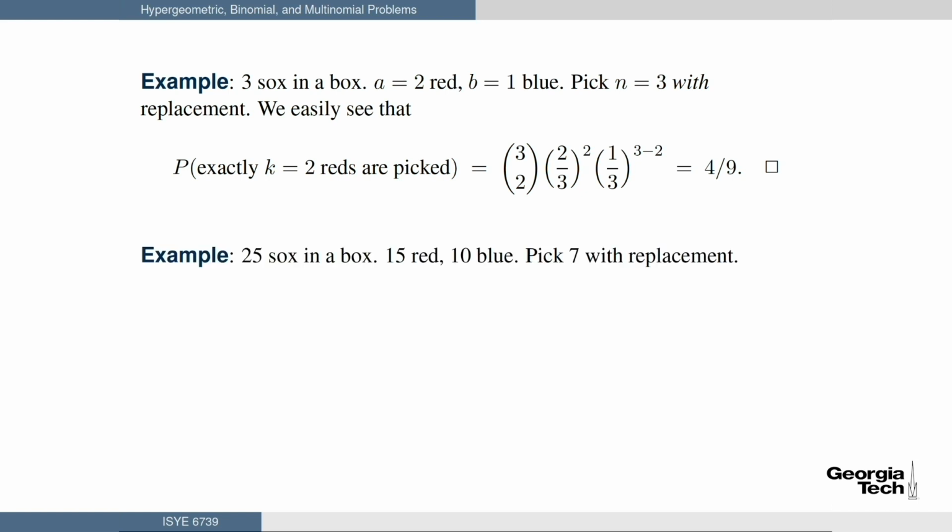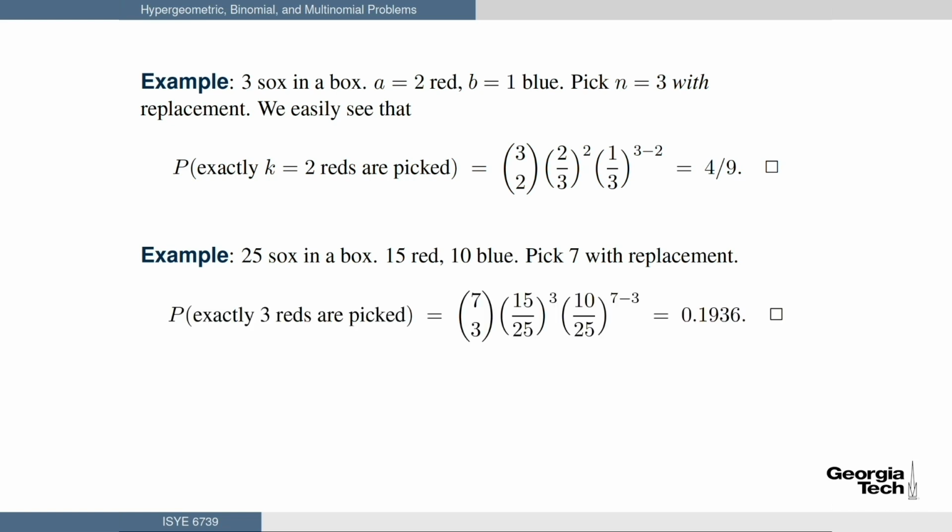My answer is 4/9. That is not the same as the sampling without replacement example using the hypergeometric, and it's actually a lot different. The next example, mimicking the hypergeometric from a couple slides ago: 25 socks in a box, 15 red, 10 blue, pick 7 with replacement. So this is binomial. We pick with replacement, not without replacement. The probability that exactly 3 reds are picked, use the same equation: n choose k, a over a plus b to the k, and so on.